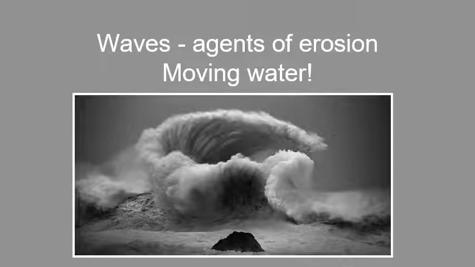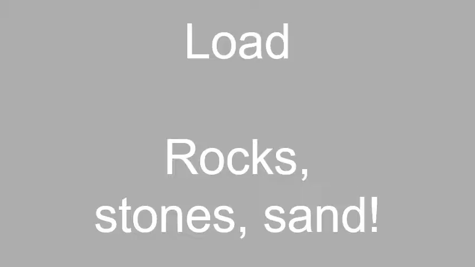There is, as we say, the load of the wave. That wave is transporting and moving rocks, stones, and sand. And that load will get hit into the rock of the coastline and in that way wear the land down.